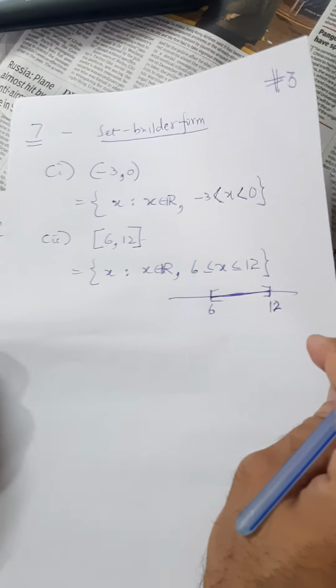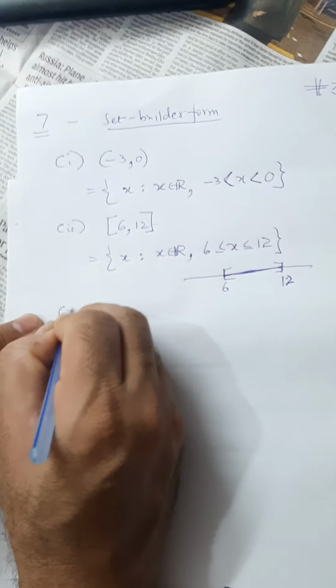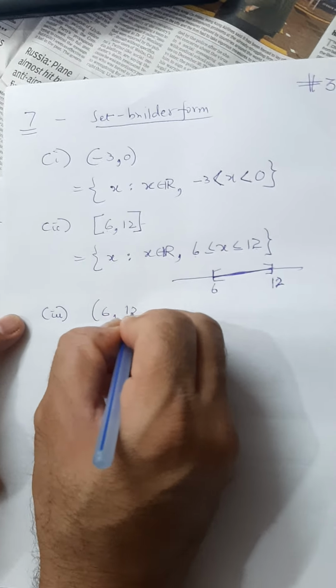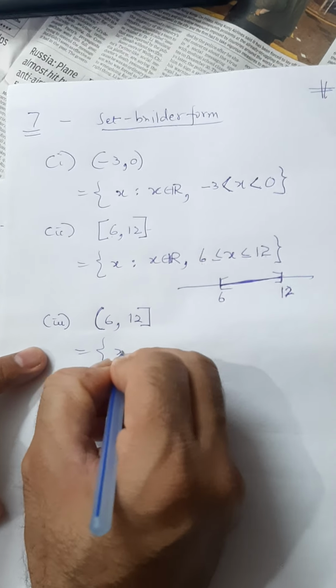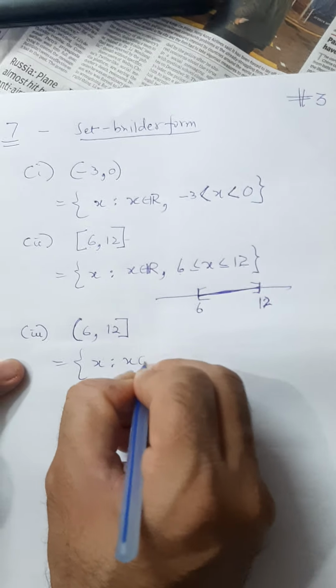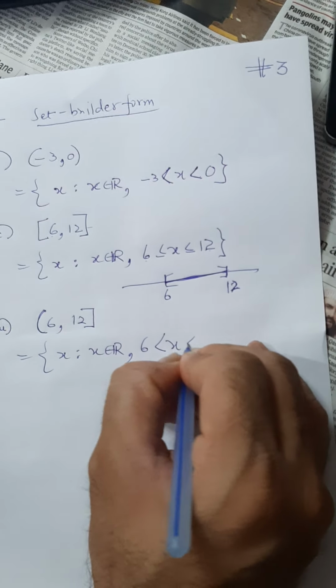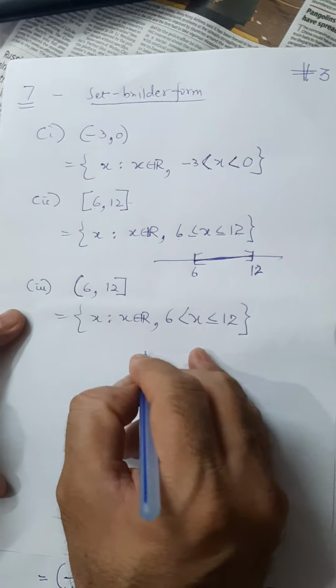Next, for example, one more. If I take the third one, open 6 to close 12. So open-close interval. So all real numbers x such that x is greater than 6 and less than or equal to 12. So if you notice, what is the difference between these two?